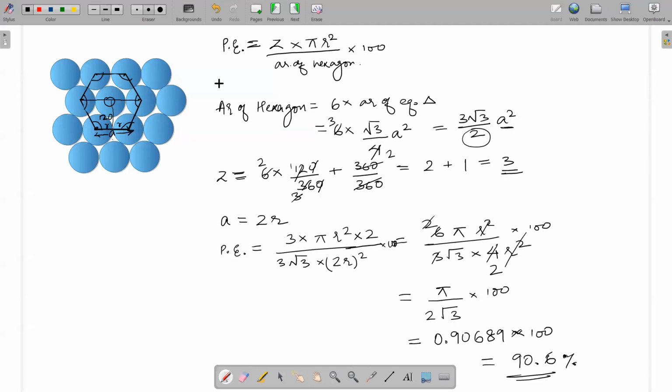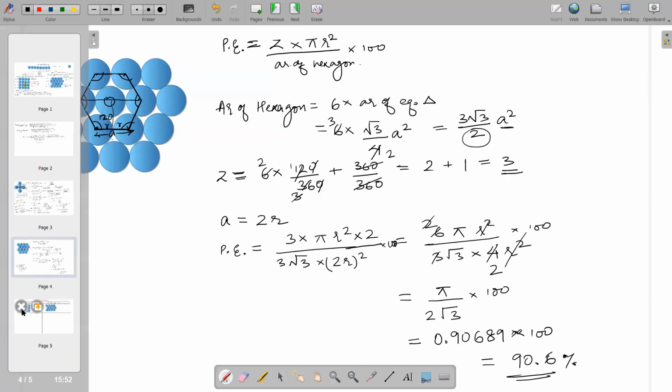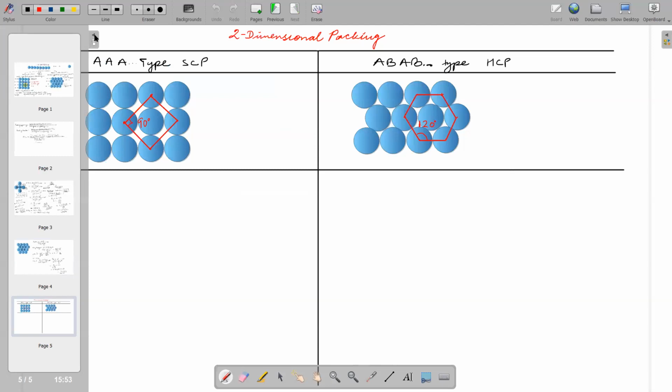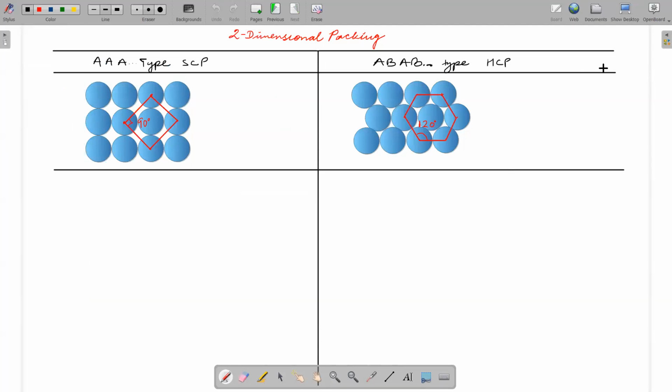Now we will conclude by writing some points about AAA type packing and square HCP. Okay, so let us start. What are the things that we know about AAA type packing? The first thing that we know is its void.